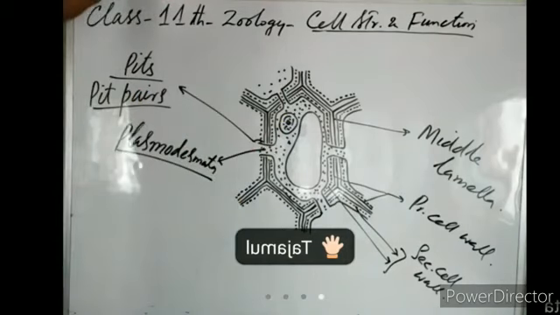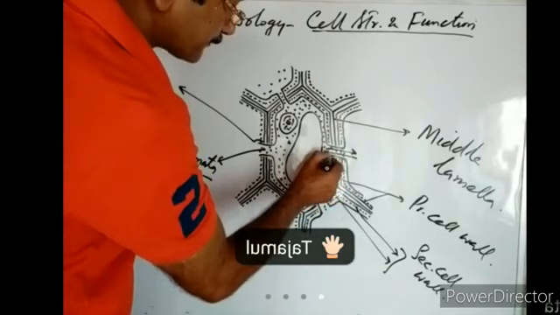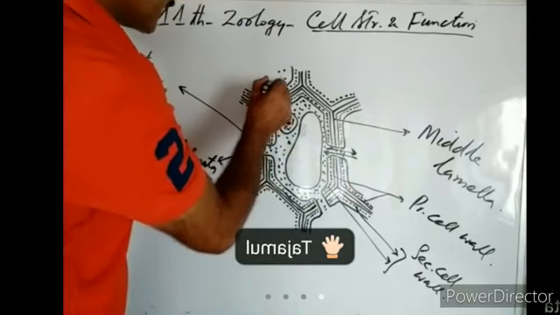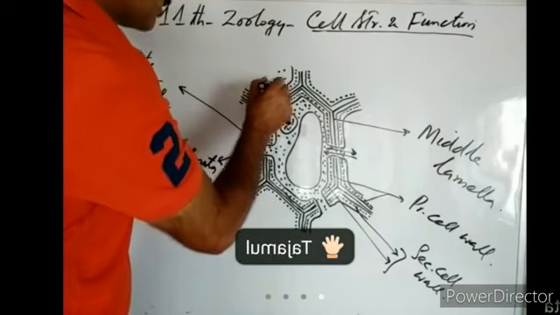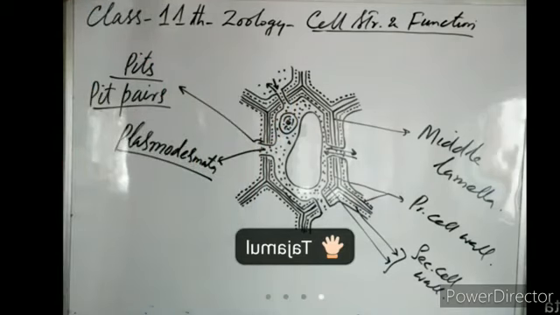Through these plasmodesmata, one plant cell is continuous with, and linked to, another plant cell, and exchange of materials between plant cells occurs through them. Materials may pass in or out through these plasmodesmata. So this is how plant cells exchange materials between them.